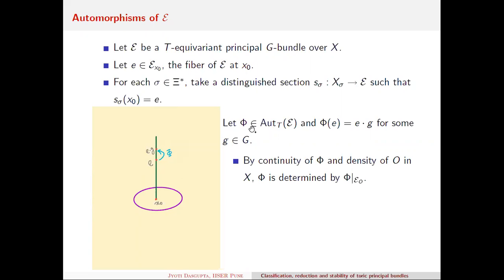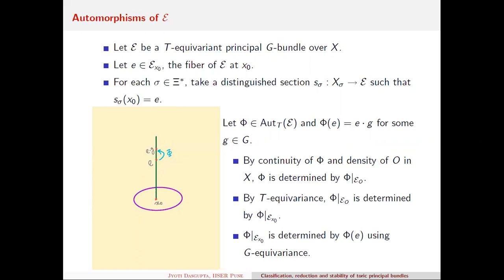Why is that? Because by continuity of phi and density of the open orbit in X, phi is determined by just the restriction of phi to the fiber over the open orbit. But again, by T equivariance, the restriction over the open orbit is determined by the restriction over just the point X naught. But there it is again determined by G equivariance.